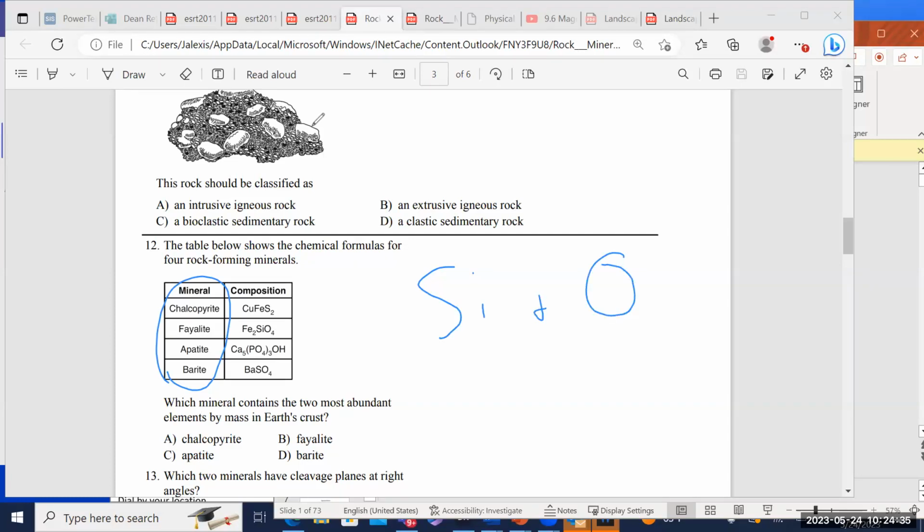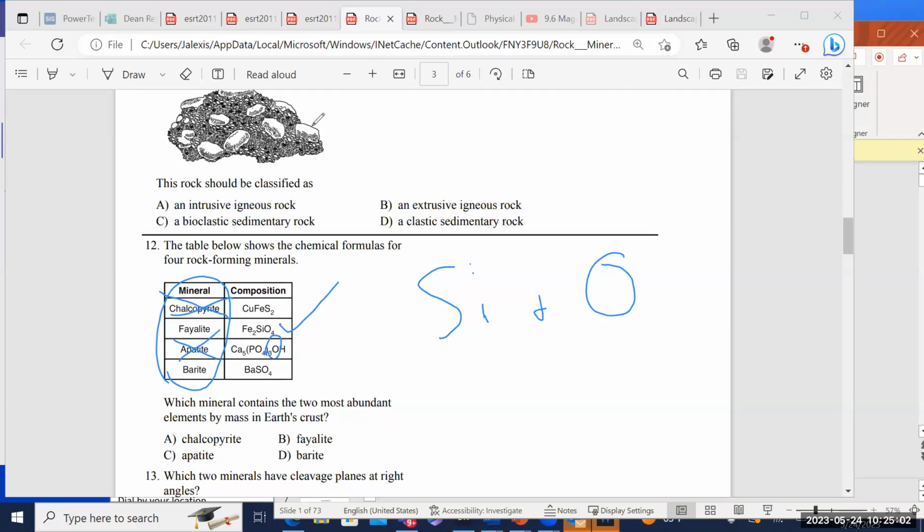When I take a look, chalcopyrite, I'm sure I'm butchering that name, I see S but no O. All right, phyllite, I see Si and O. I see silicon and oxygen here. Apatite, I see oxygen, but I do not see silicon, so it can't be that.